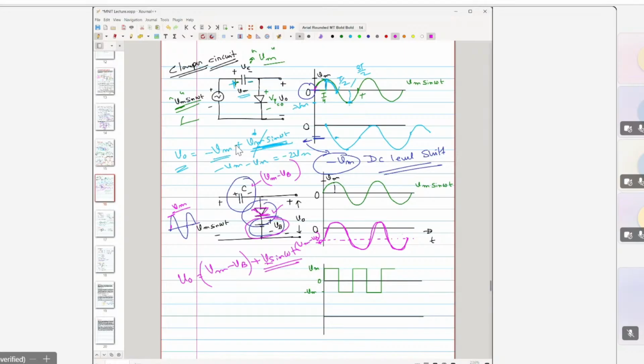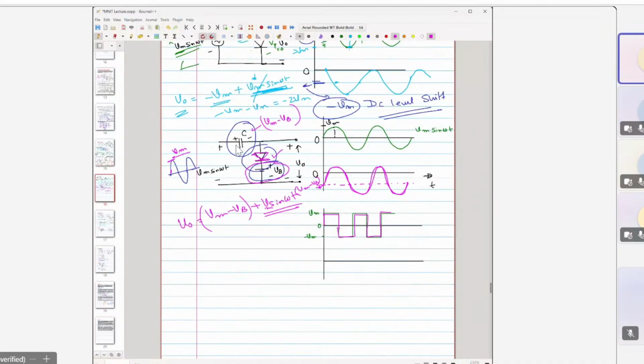Right? Now, if it is not a sinusoidal wave but a square wave, then what will happen? The concept is the same, right? There will be a simple shift in DC level.